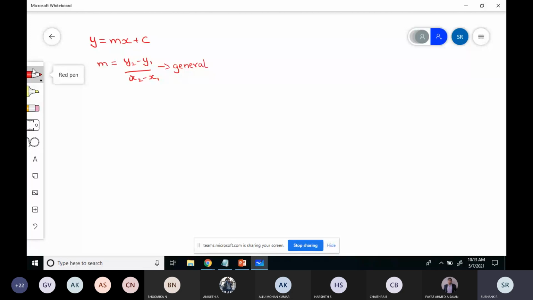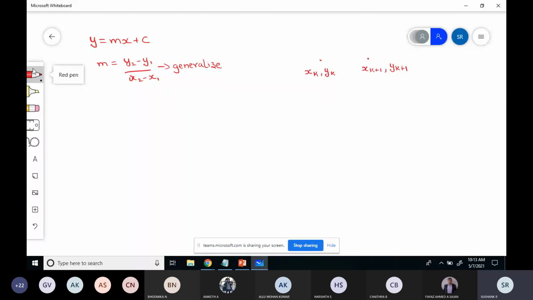For example, if one point is xk comma yk, the next point I will take as xk plus 1 comma yk plus 1. So for this, what will be the slope equation?